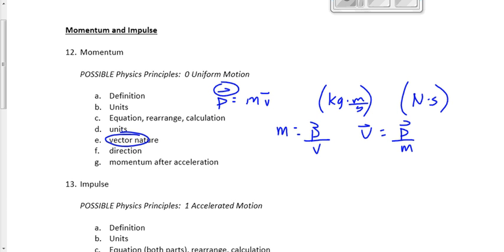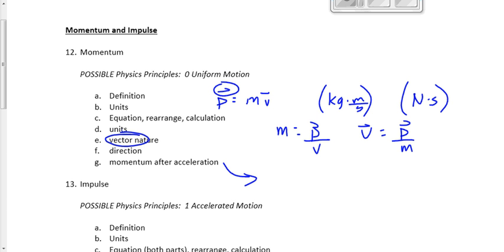Finally, I added one more little thing in here. It says momentum after acceleration. Generally, we're not dealing with a problem like that, but every once in a while it does rear its head. When we're looking for momentum after an acceleration, it might be a problem like, you drop a ball from a height of 10 meters. What's the momentum of the ball as it strikes the ground? Or a car accelerates from rest for 28 meters.